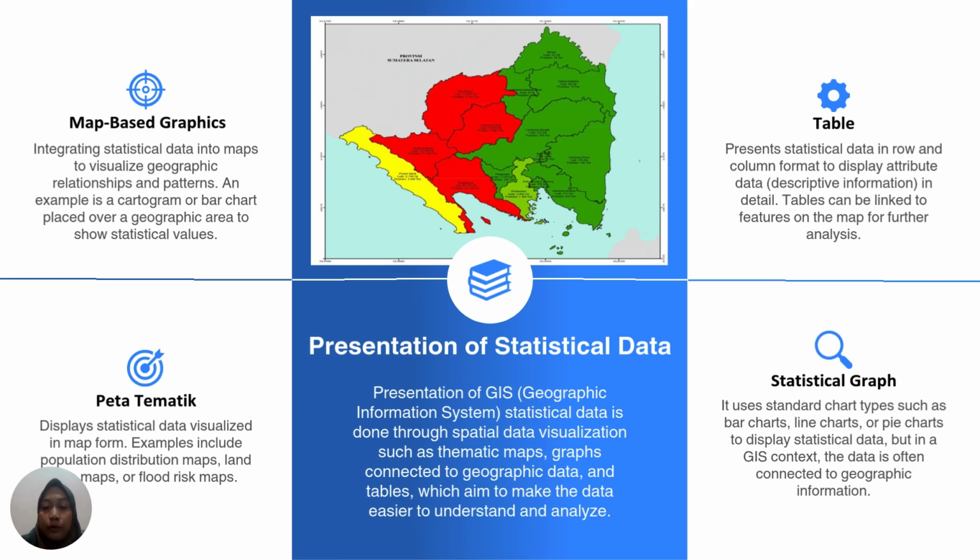Tables can be linked to features on the maps for further analysis. And then statistical graphs. They use standard chart types such as bar charts, line charts, or pie charts to display statistical data. But in a GIS context, the data is often connected to geographic information.